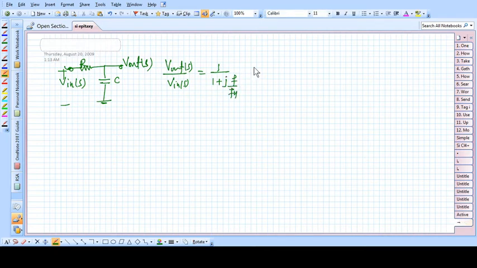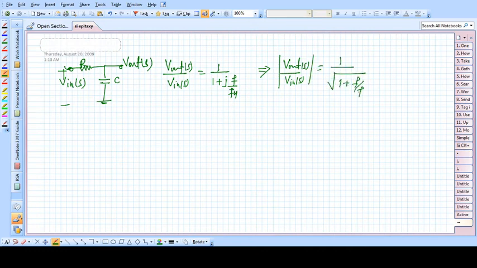So if we take the modulus, it will give 1 by 1 plus f by fh whole square, because in the numerator it is 1 plus j0.